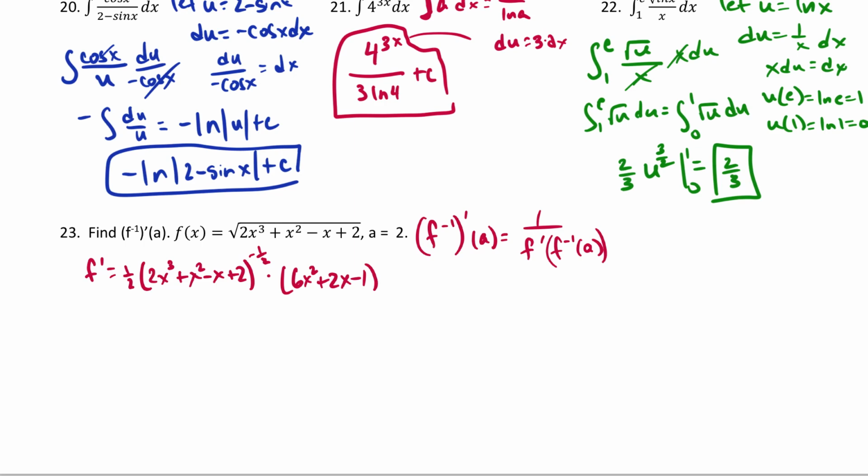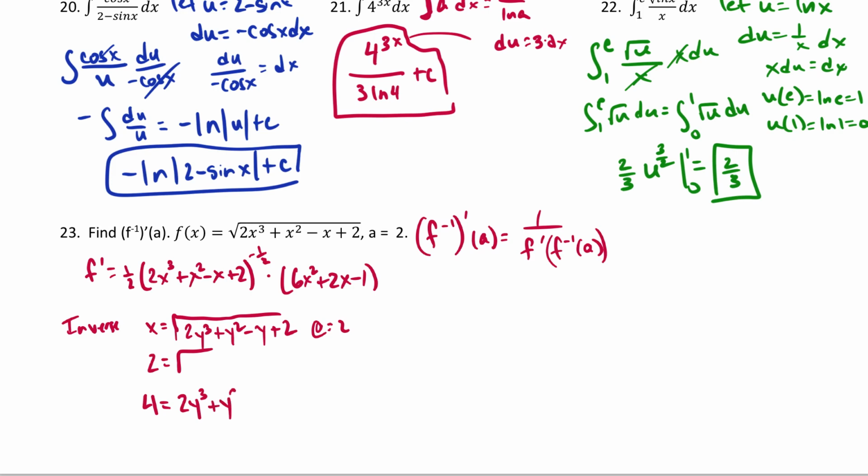So if I need that, and then I also need the inverse. So the inverse is x is going to equal this 2y cubed plus y squared minus y plus 2. And I'm looking at a equals 2. So that means 2 equals this square root. So I will go ahead and say 4, I'm going to get rid of the square root, equals 2y cubed plus y squared minus y plus 2.